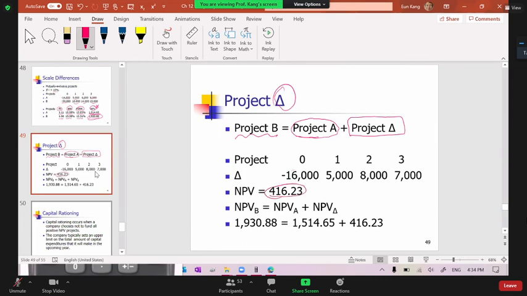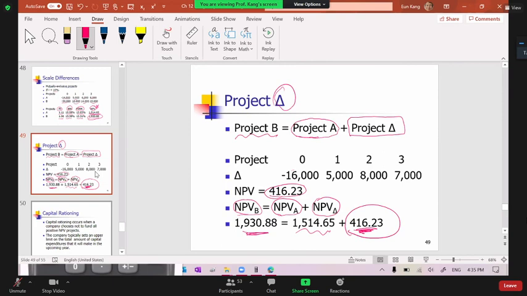So the net present value of B is the net present value of A plus the net present value of delta. By taking B, you not only take A, but also project delta, and that delta gives you more net present value. So the net present value rule is the best, right? It's pretty clear, right?